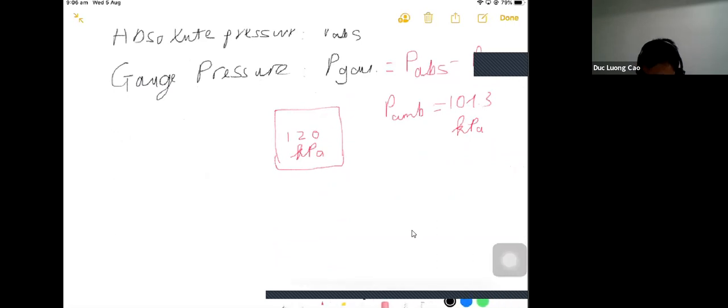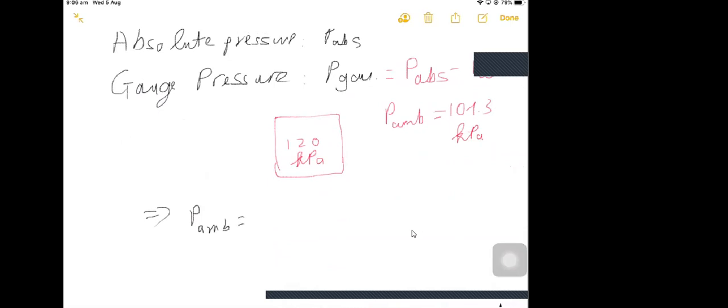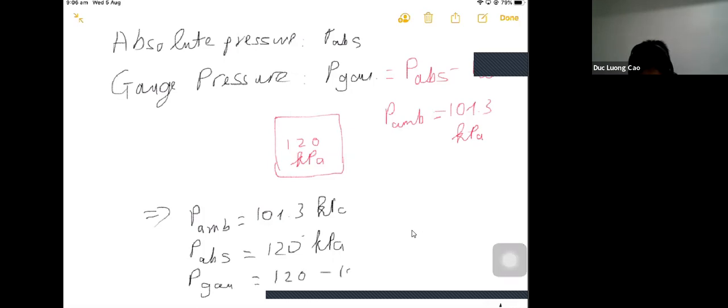In this case, P ambient is 101.3, P absolute is 120, and P gauge is 120 minus 101.3. It's gauge pressure, so use the pressure difference between absolute pressure and ambient pressure.